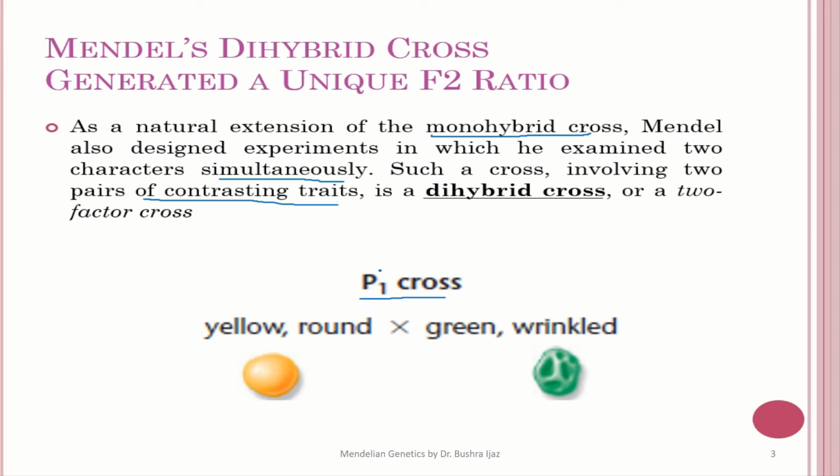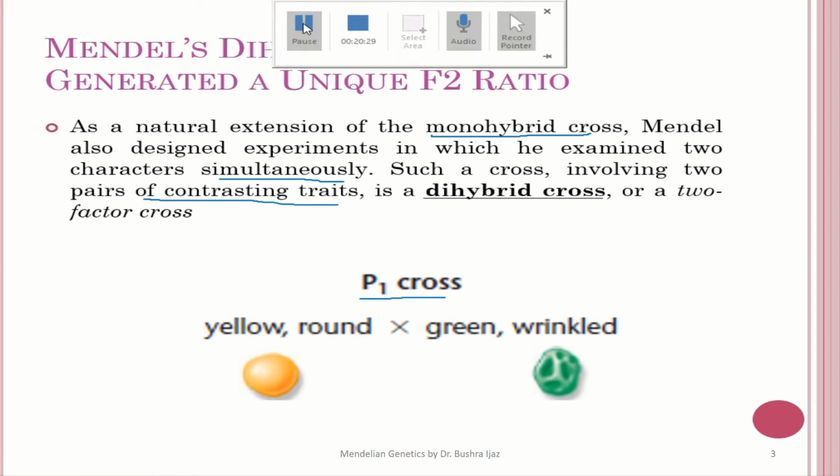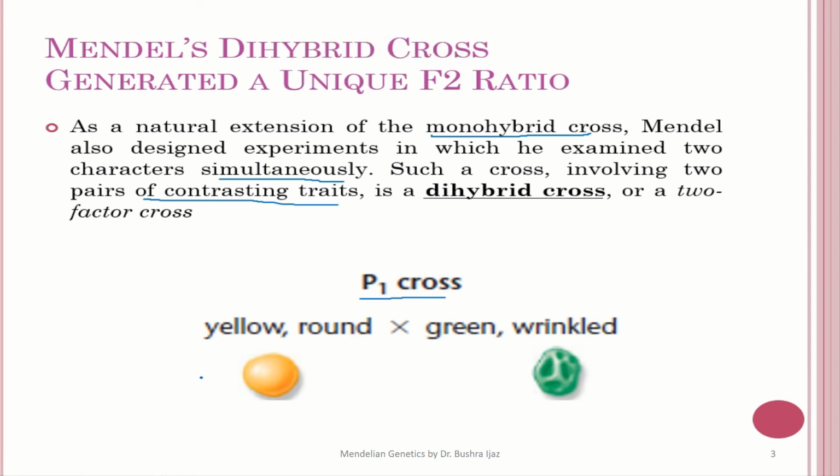So P1 means parental generation 1, and this cross is showing the cross between truly breeding yellow round plant, which is producing yellow colored and round seeds, and truly breeding green wrinkled. So let us see how this cross is made.